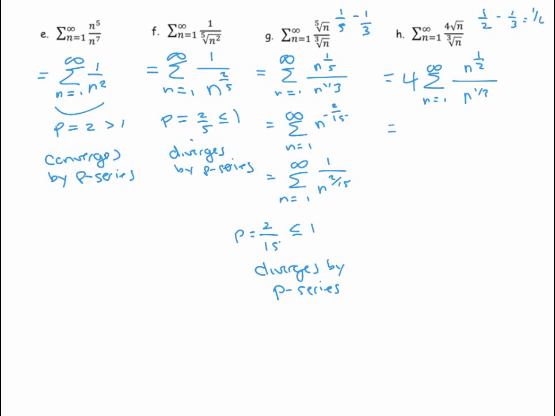So this ends up being 4 n to the 1/6. Not n to the negative 1/6, just n to the 1/6. So it's quite obvious that this is going to diverge because you're just adding up the 6th root of 1 plus the 6th root of 2. Those are all numbers that are bigger than or equal to 1. So that diverges. You could write it like this if you really strictly wanted to use the p-series test. And then clearly p is 1/6, which is less than or equal to 1, so it diverges.